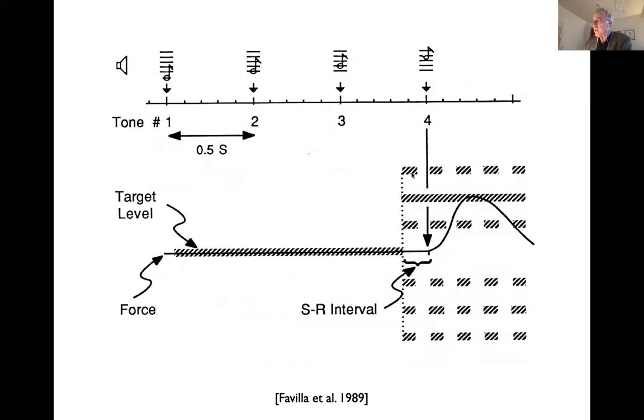These dashed lines, 3 up and 3 down, and they have to initiate a change in force level at the 4th tone of the metronome. You see the pitch of the metronome goes up, beep, beep, beep, beep, and on the 4th you do it. And you have to train that.